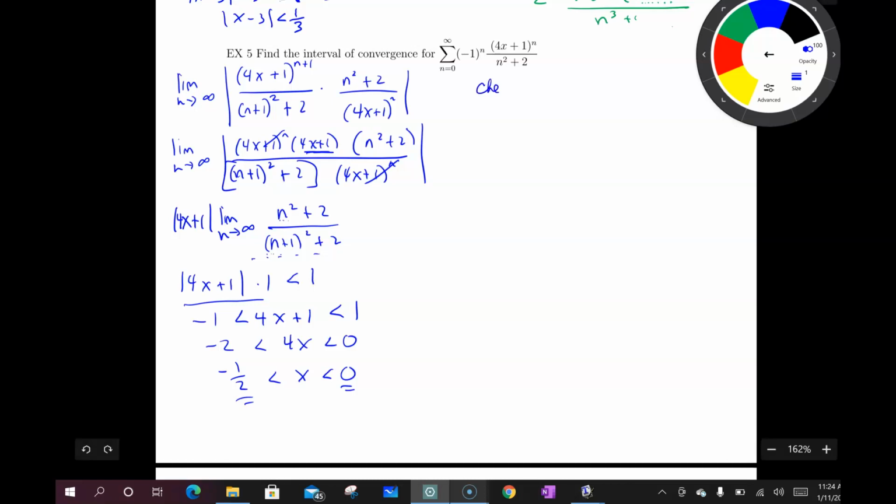So I'm going to go check x equal negative 1/2. So I get negative 1 to the n. So I'm putting negative 1/2 in for x, right? So I get a negative 1/2 times a 4 plus a 1, to the n. So this gives me a negative 2 plus a 1.